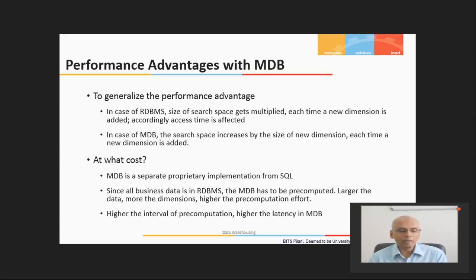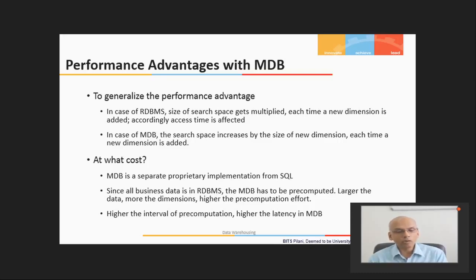But in the case of a multi-dimensional database, the search space increases only by the size of the new dimension. Previously, let's say 3 dimensions, each of size 10, and a 4th dimension is added with a size of 12. So the search space is 10 plus 10 plus 10 plus 12, so 42. So you can see the bigger advantage that you get as the search space becomes more and more dimensional.